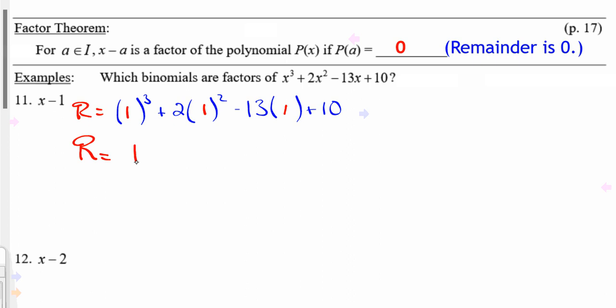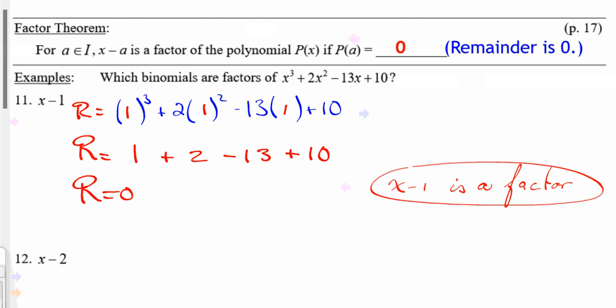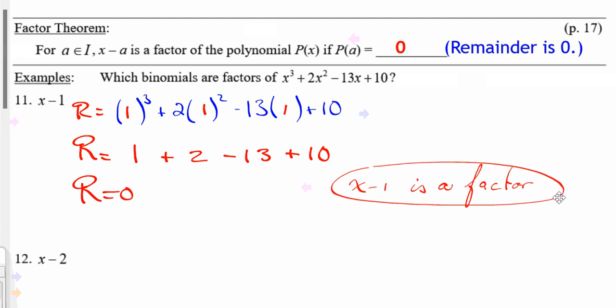So that'll be 1 plus 2 minus 13 plus 10. 1 plus 2, 3, minus 13, negative 10, plus 10, 0. Which tells me that x minus 1 is a factor of the polynomial we're looking at.